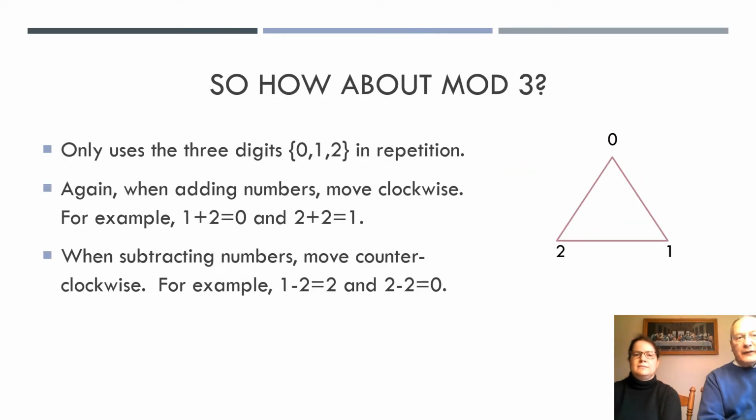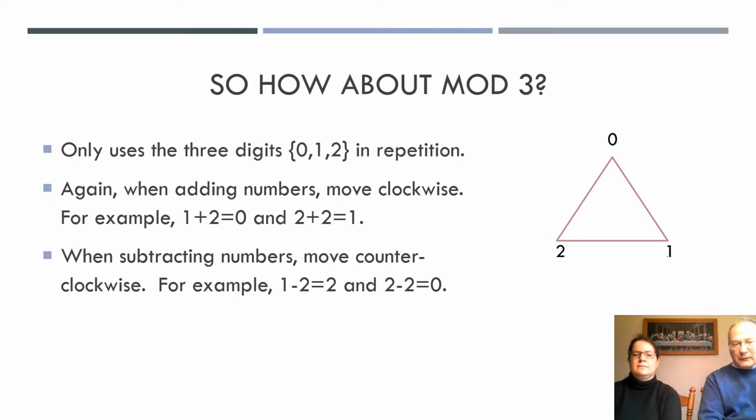Okay, we can do the same thing with a system that involves only 3 digits. 0, 1, and 2 would be mod 3. Again, adding, we will move clockwise. So 1 plus 2.